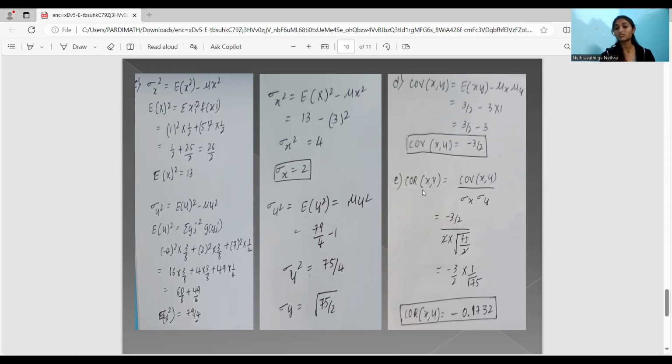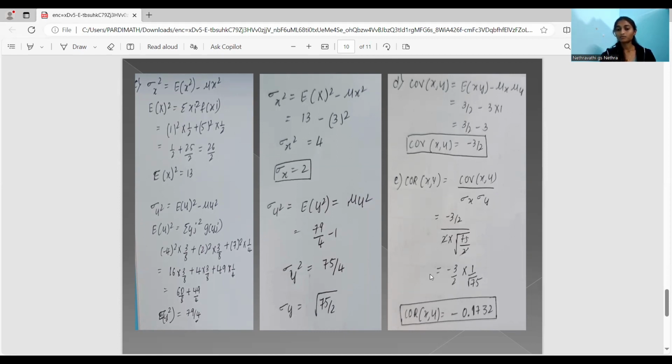And the last is the correlation of x and y. We have a formula, that is covariance of x comma y divided by standard deviations, that is rho of x into rho of y. As we got the answer for the covariance of x and y, that is minus 3 by 2, divided by rho of x, which is 2, and rho of y is root of 75 divided by 2.